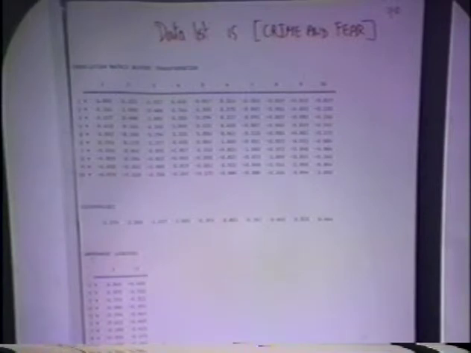There are 10 variables. The first 6 are 5-point rating scales, and the next 4 are background variables. The 5-point rating scales have to do with attitude towards punishing criminals. What kind of punishment do you think is appropriate for criminals?